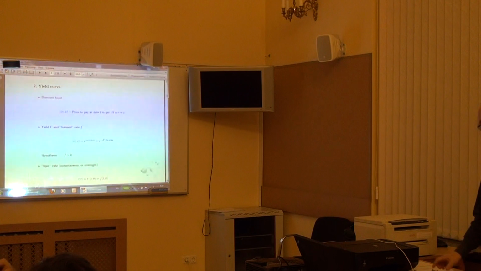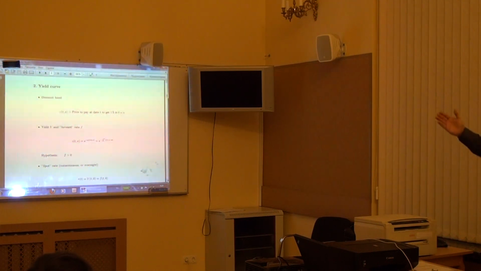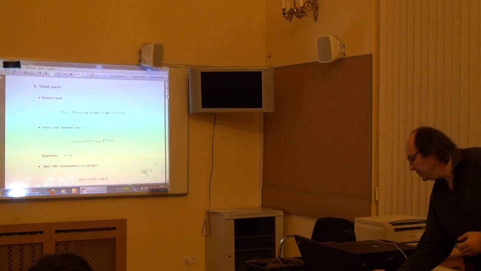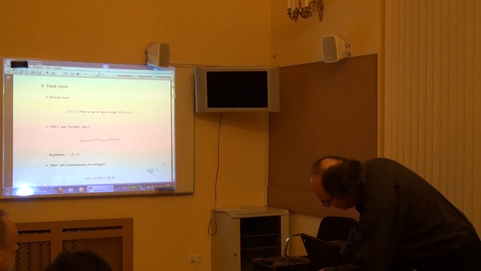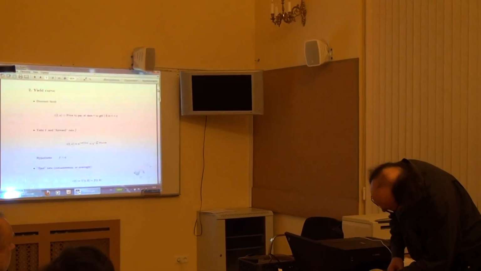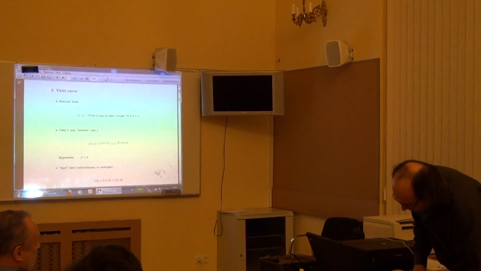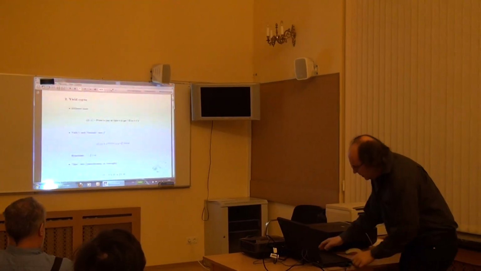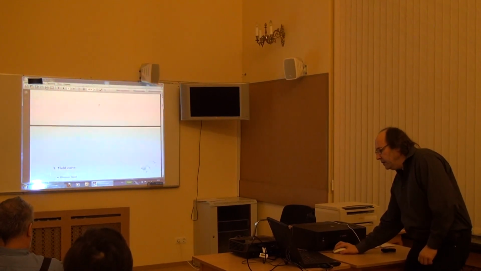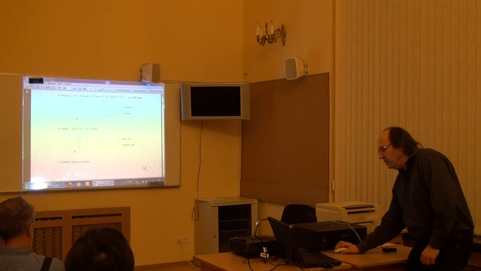And in order to know the price of this market, you have financial instruments. So this is not given directly. You have different instruments that are priced in the market.